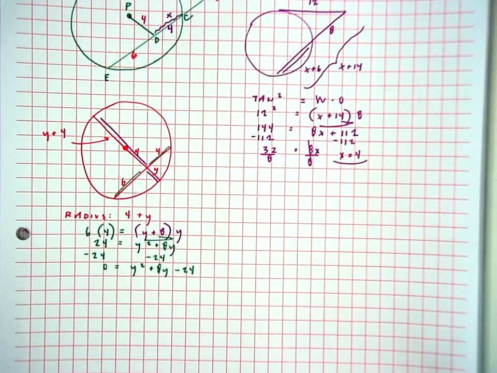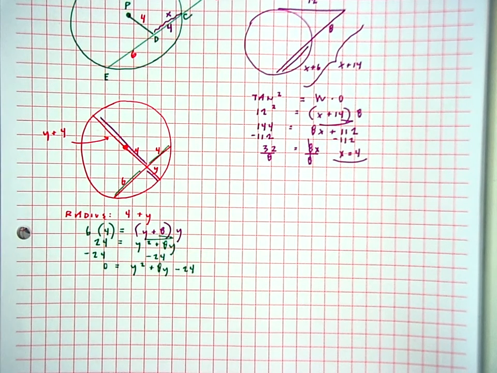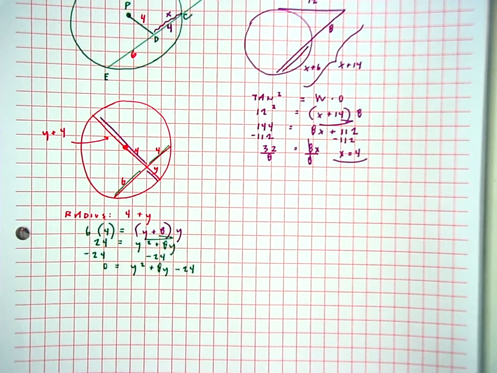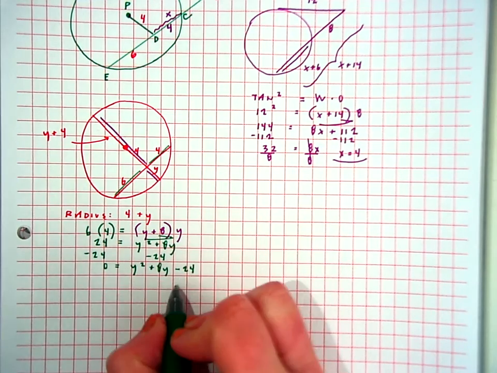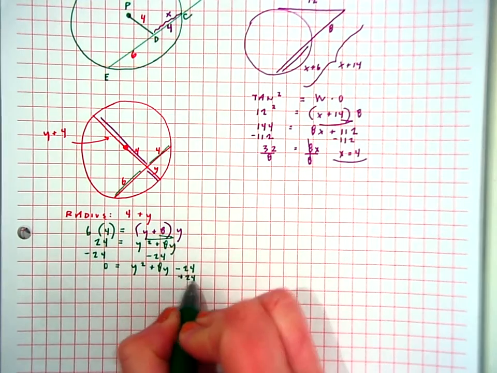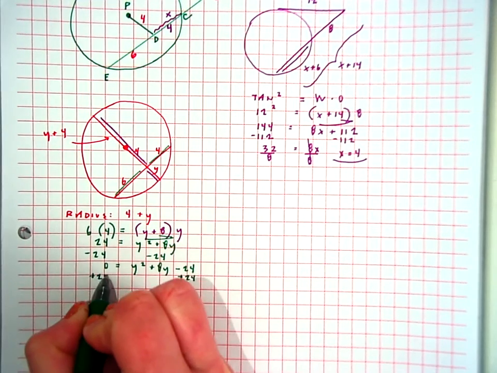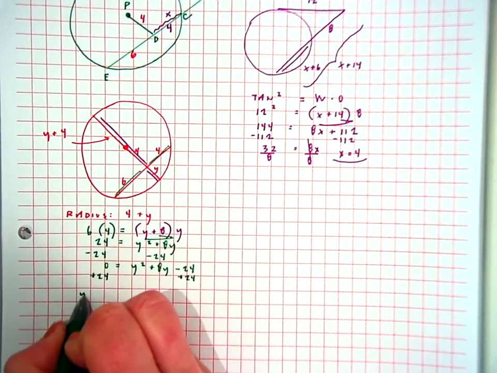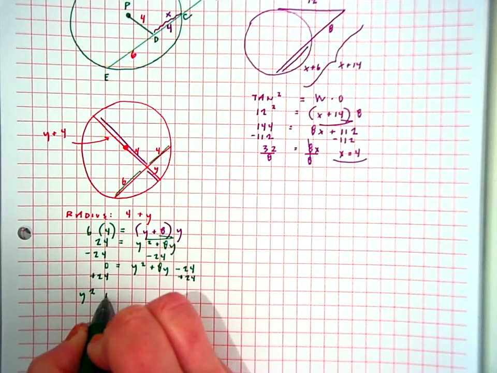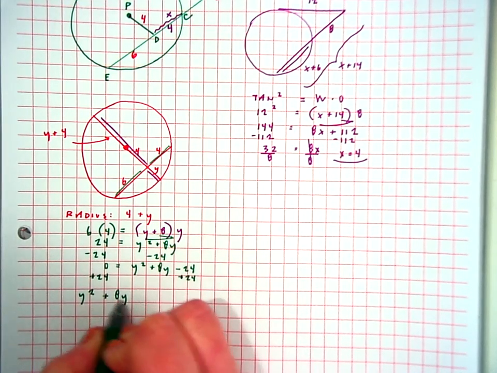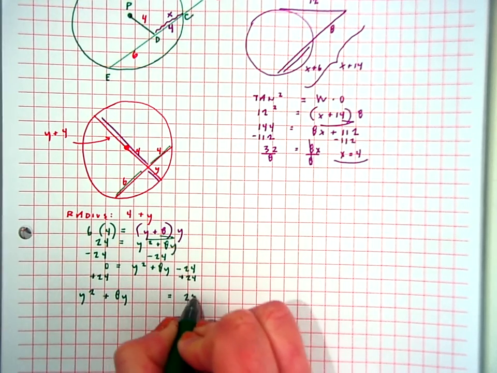We have not practiced completing the square for a while, so let's do that. When I'm solving by completing the square, I like to have my variable on the same side and my constant on the other side. So I'm going to move that 24 back to the other side. I'm going to rewrite my equation also with the y values on the left. So y squared plus 8y equals 24.